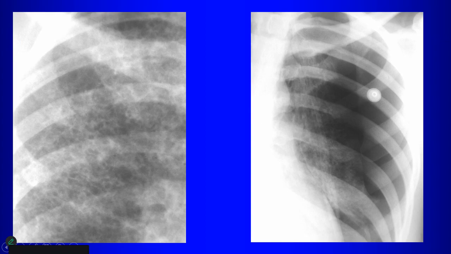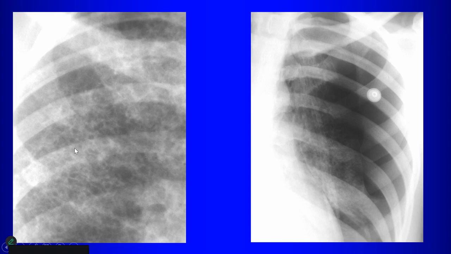What do we notice about the lungs? Well, yeah, it does look like there are these round opacities here, right? So there's some reticular opacities and some round opacities there.